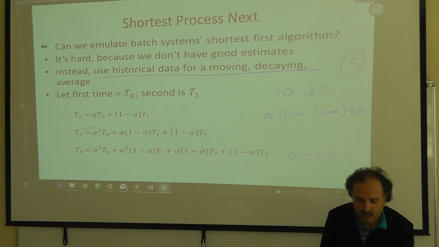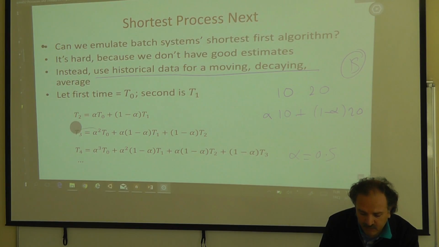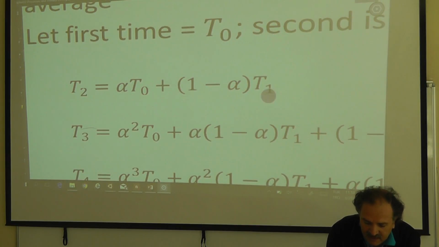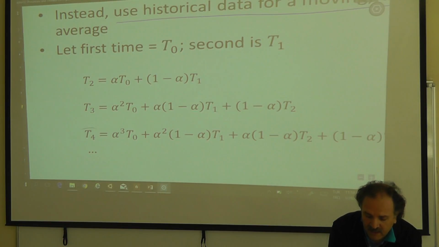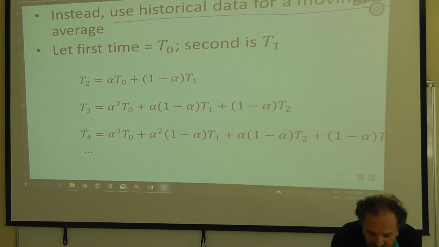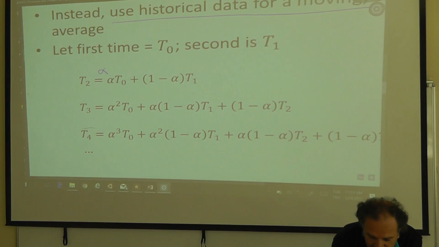So these are the formulas. To calculate T2 from T0 and T1, multiply T0 with alpha, and multiply T1 with 1 minus alpha, and that will give me T2. And I will do the same thing again: for T3, I multiply the earlier terms with alpha again, plus T2 times alpha, and this will give me T3.